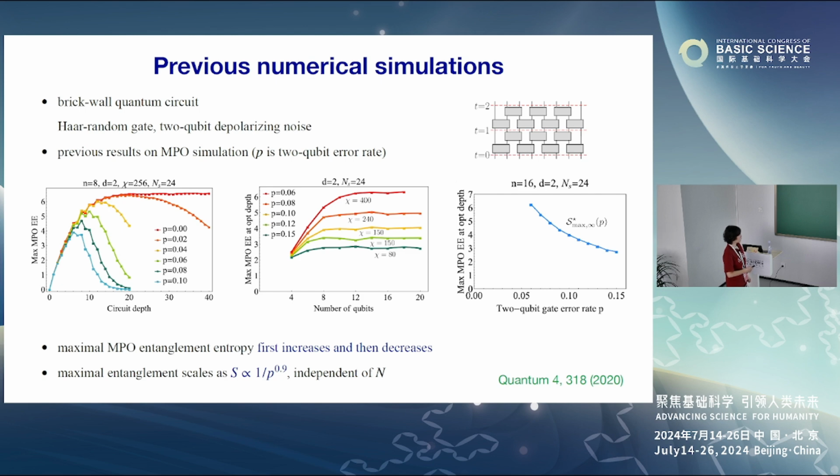And only the ones in this part can have some quantum advantage. The previous result shows that the maximal entanglement entropy first increases and then decreases, and the maximal entanglement is independent of N.